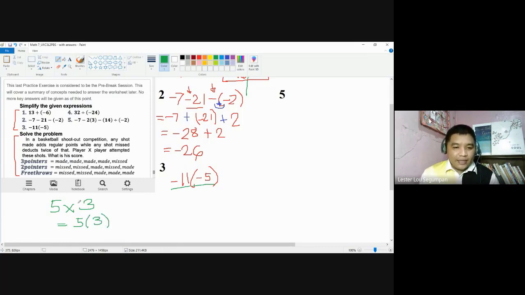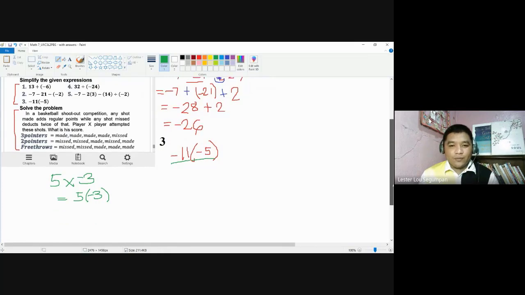If it's negative, simply place negative here. Do not subtract, just make sure of the parentheses, and that would mean multiplication already. This is the reason why I mentioned in number 3, this is multiplication, and we are going to use the rules of signs for multiplication. So we may have two different processes here. Let me show you the first one.